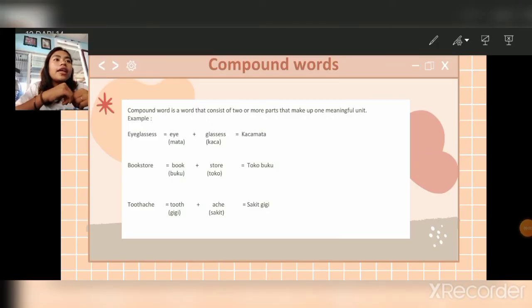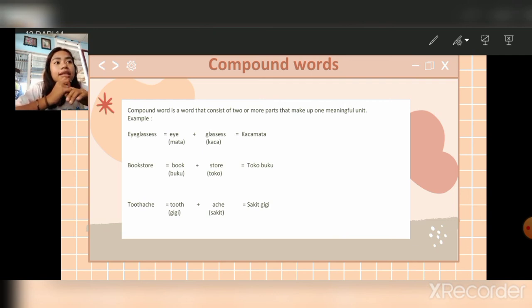Hello everyone, I am Meiti Lai Meheriwa and now I am continuing the material of our group, and the next is compound words. A compound word is a word that consists of two or more parts that make up one meaningful unit. For example, eyeglasses: eye means mata, glasses means kaca, and eyeglasses means kacamata.